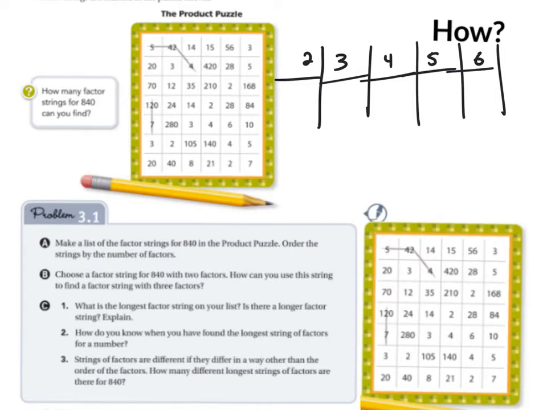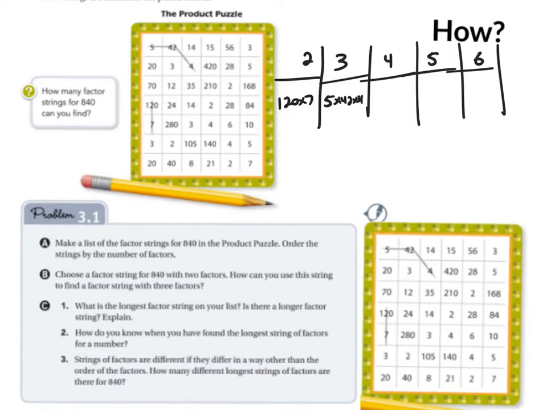5 times 42 times 4. Here's another example of a pair, 120 times 7. So you may write 120 times 7 on your paper. I'll help you make this table in class. And then you need to find any other pairs or strings that you can.